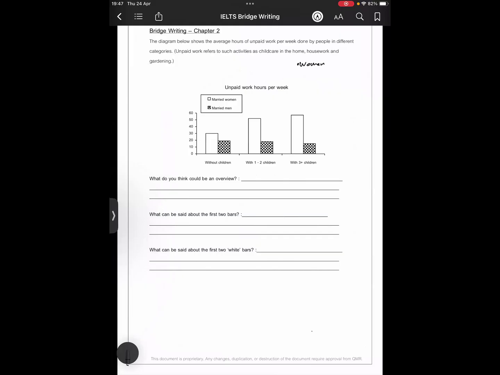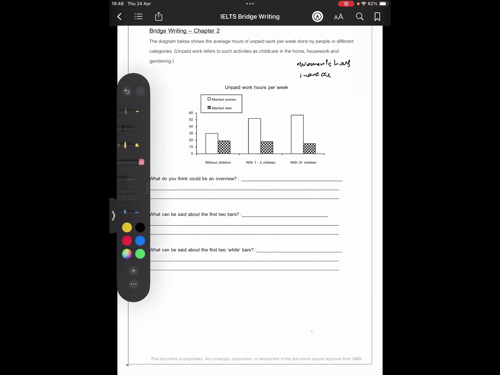Women's hours increase. In fact, let me just use shorthand notation here. Women hours increase. What about men? Men hours decrease. But what about the independent variable? That's the number of children. And the number of children increases.